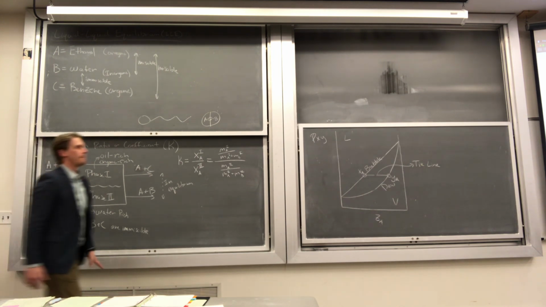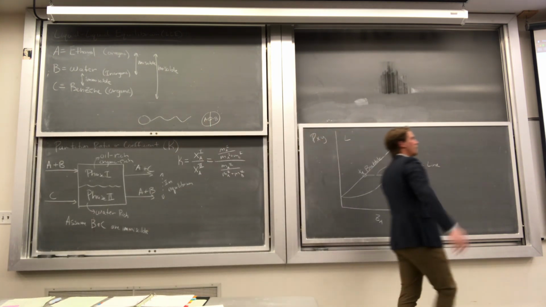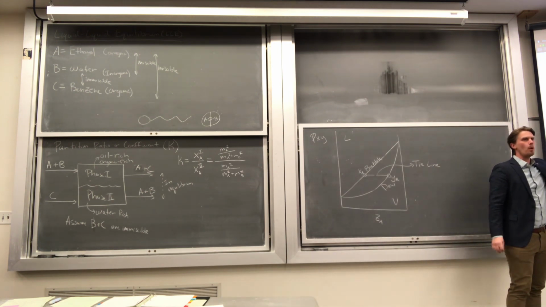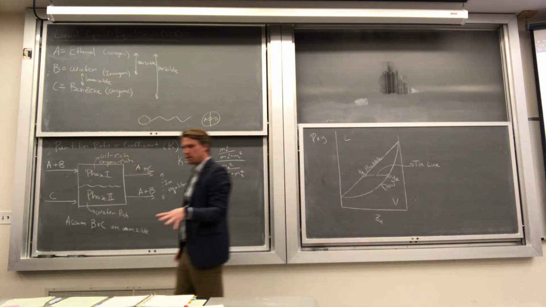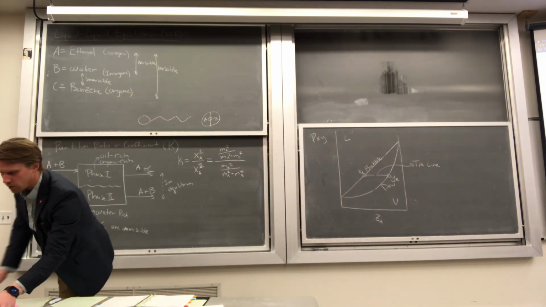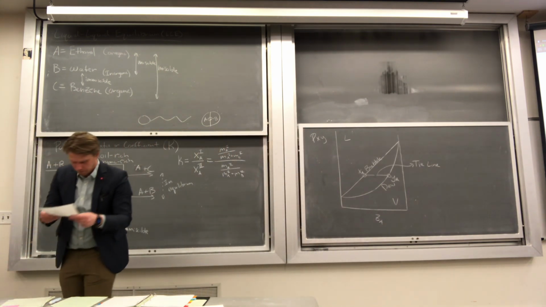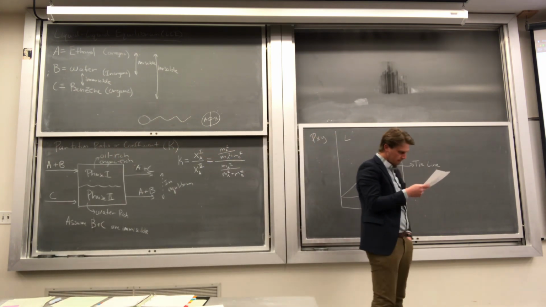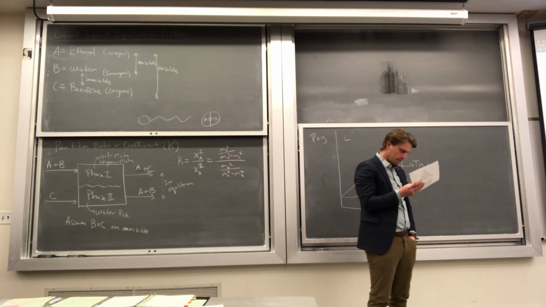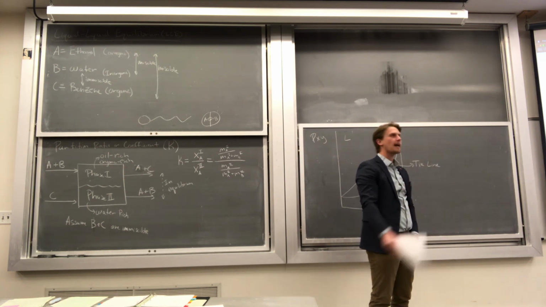Okay, point 1. What is the composition of the mixture at point 1? Take a second, try yourself out. Let me work it out here too. Okay, I got it.